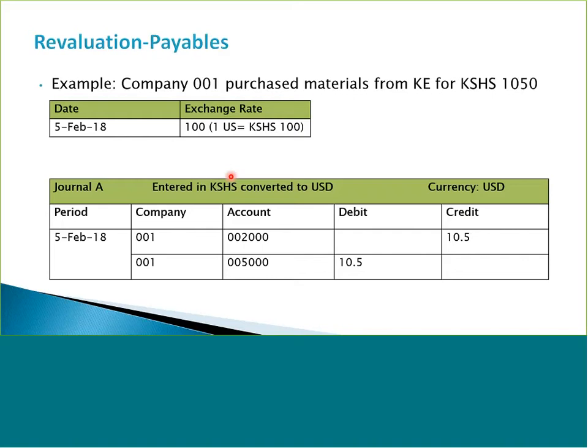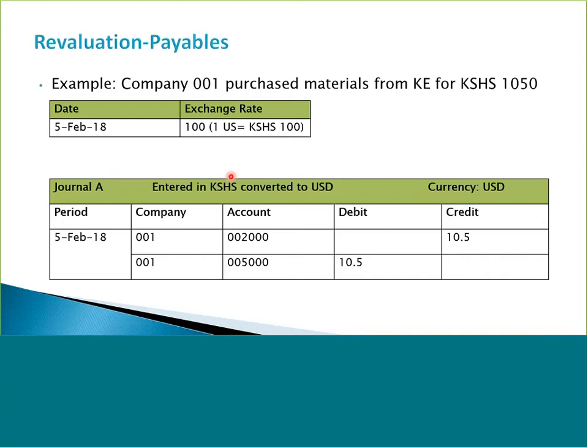So let's assume that our company one, which is Maskani Developers, has purchased materials from Kenya for the amount shown here, which is 1,050 Kenya shillings. Okay. So in our previous lesson, we showed how when we have a business event like this, we can capture this information in a foreign currency journal.